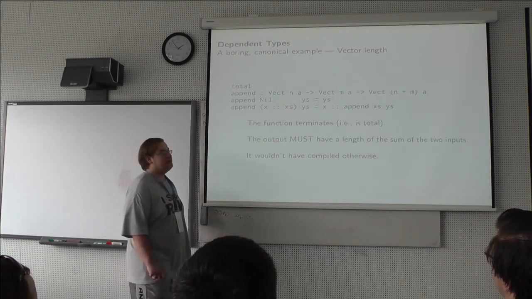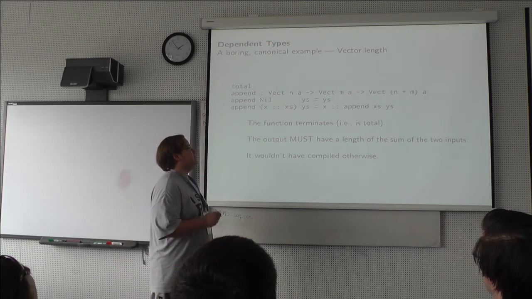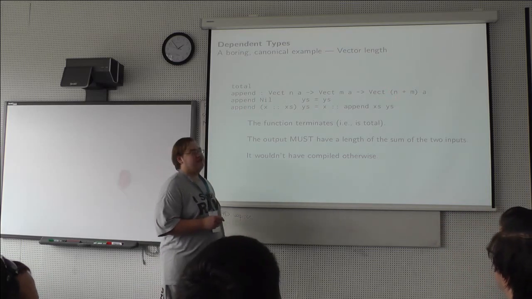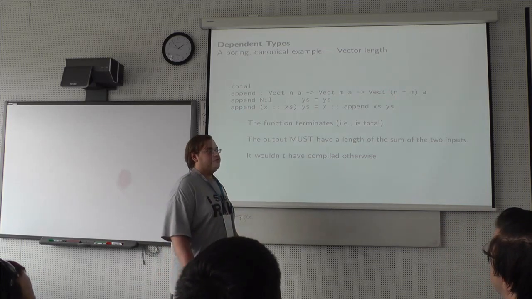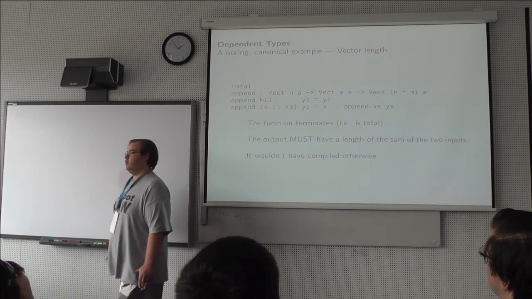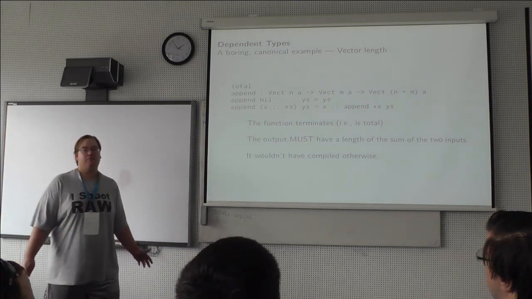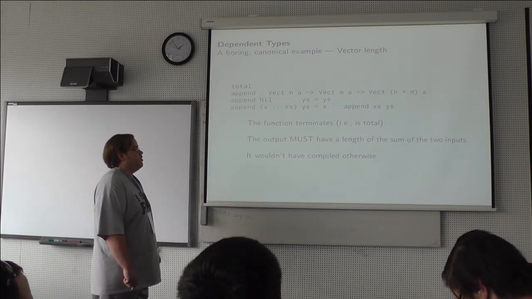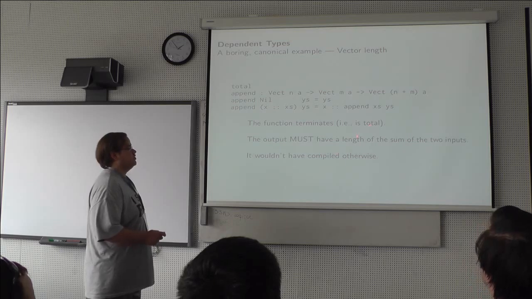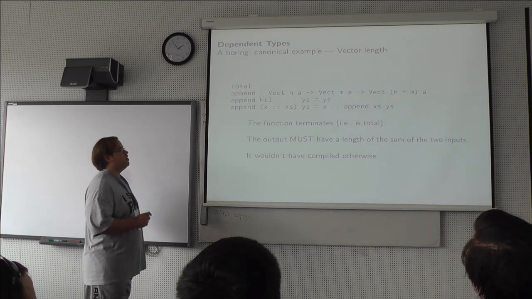Any implementation of this function that doesn't match that type, if it drops elements from the resulting vector, for example, won't type check, it won't compile, and you will not get a binary. A couple of things to note: the function terminates, it's total. We have the total keyword here.